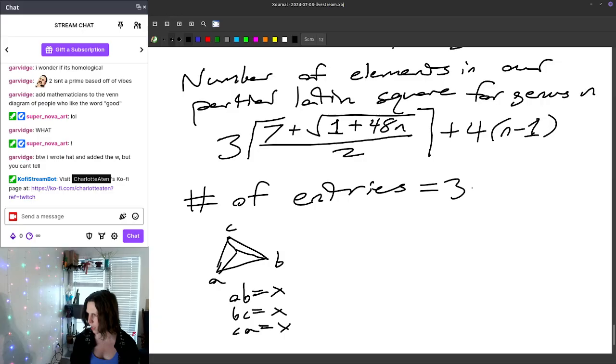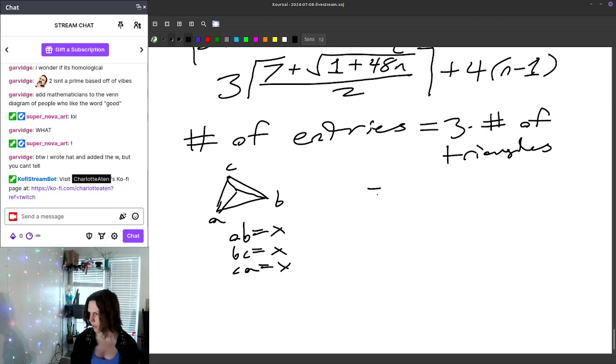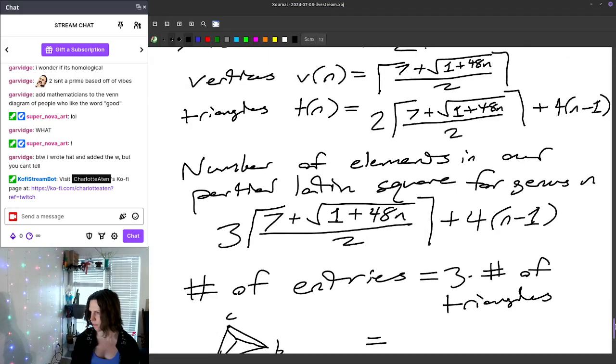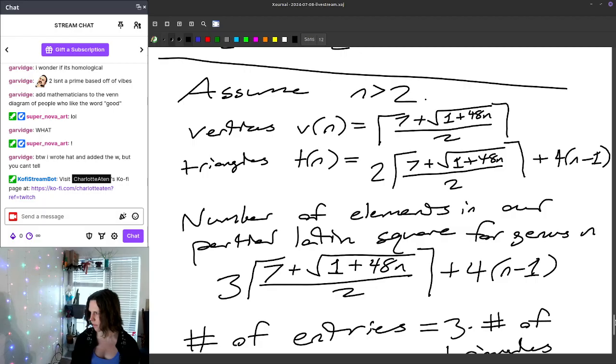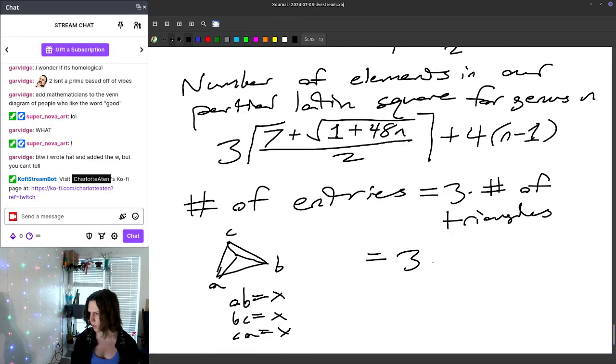So this is 3 times the number of triangles. Well, okay, what's the number of triangles? It's that. So one way to say this is it's just 3 times t of n.